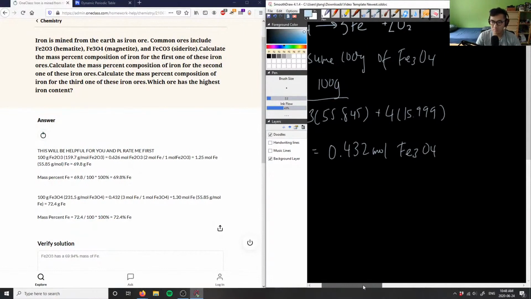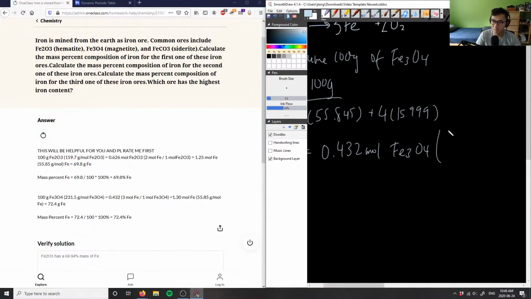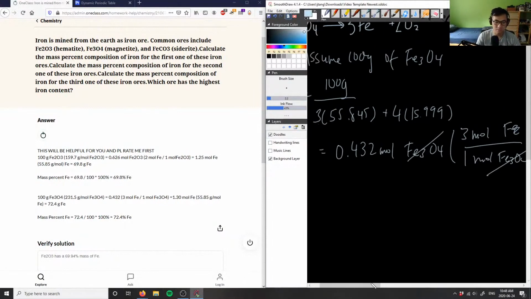So let me shift this a little bit here. These two guys cancel out, so we're left with our moles of iron here, which is simply 1.295 or 1.30. All right, 1.296 here for rounding purposes.